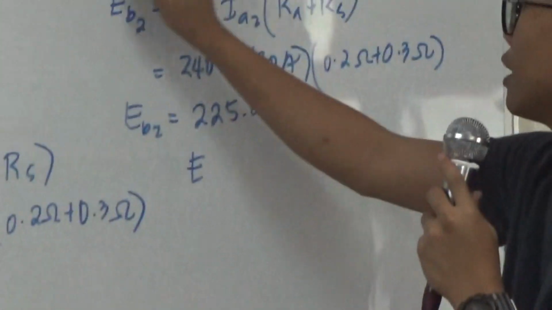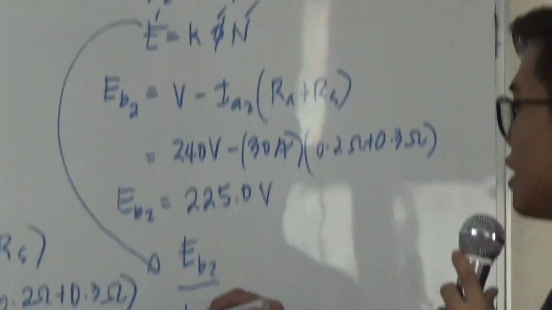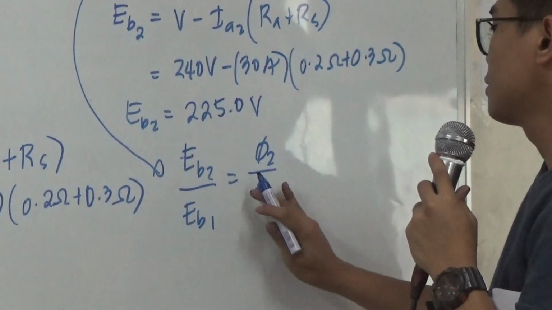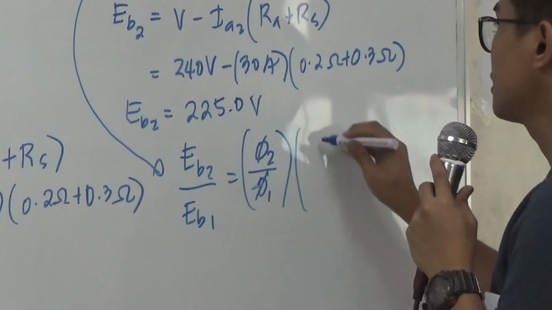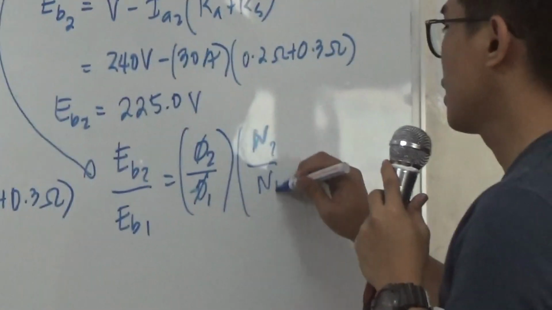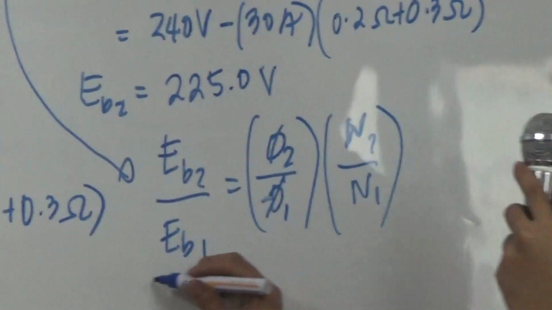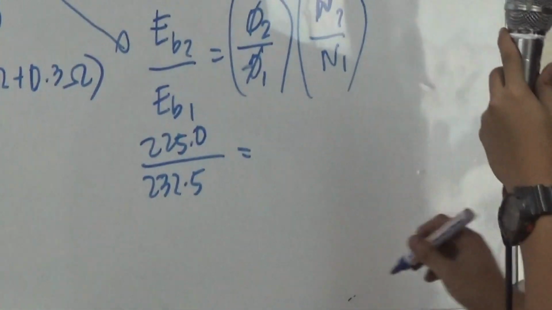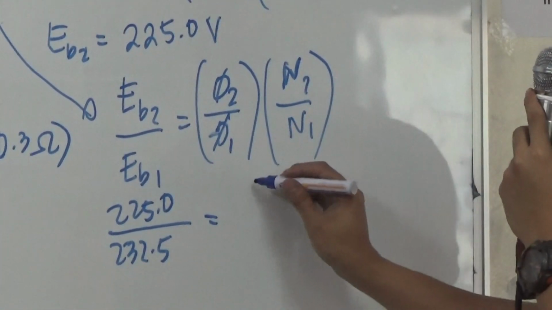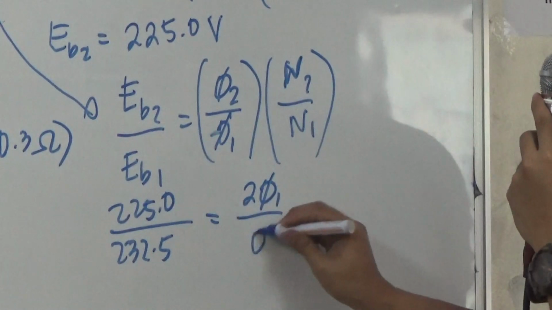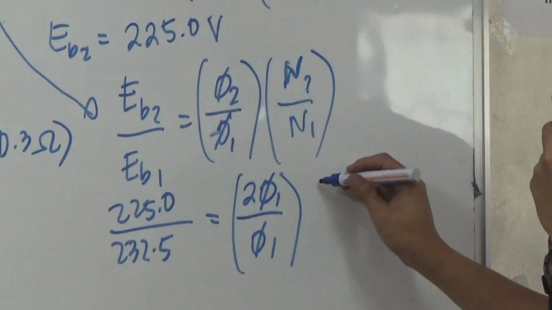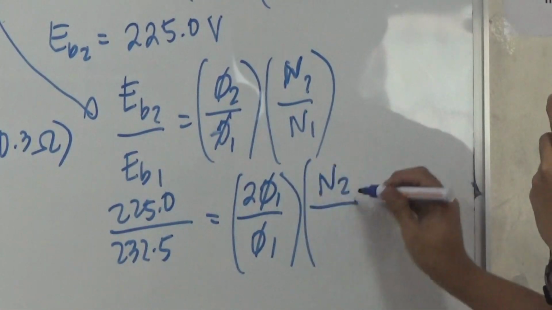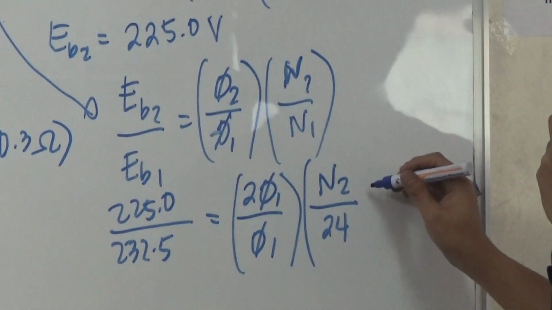So from this equation, EB2 divided by EB1 is equals to flux 2 over flux 1 times N2 over N1. EB2, 225 divided by 232.5 is equals to flux 2, which is 2 times the flux 1, then N2 over N1, na 24 RPS.